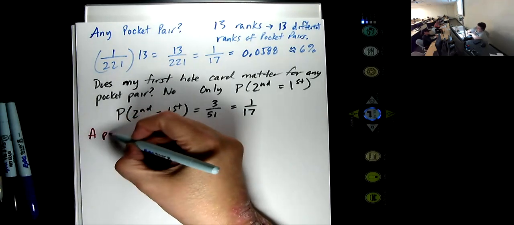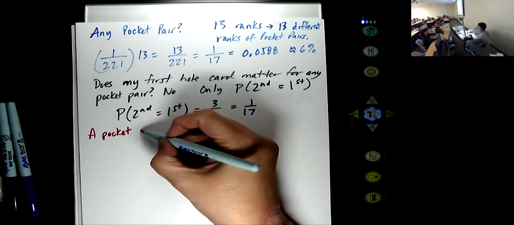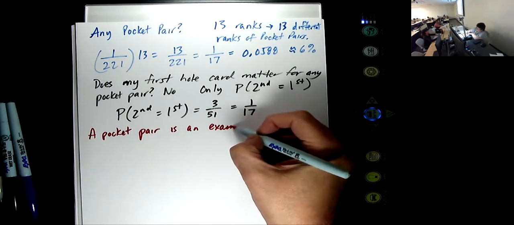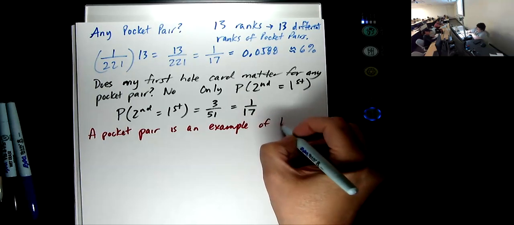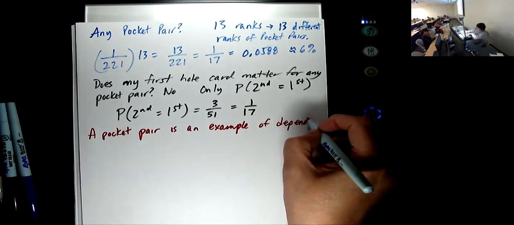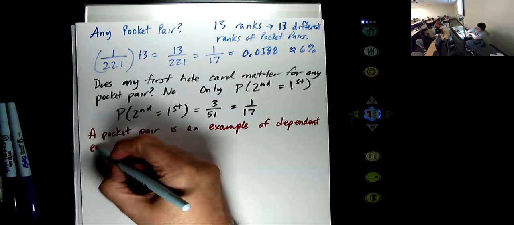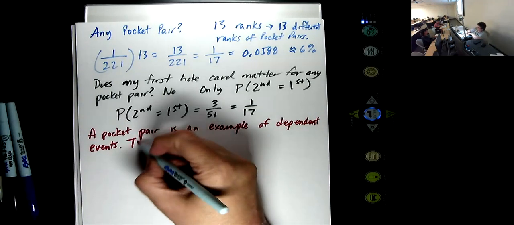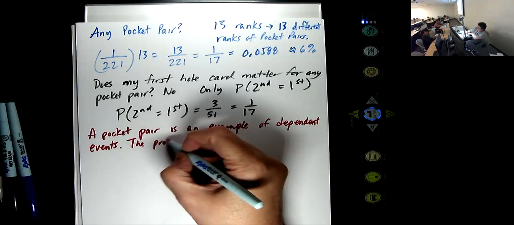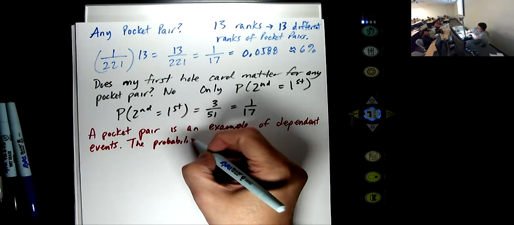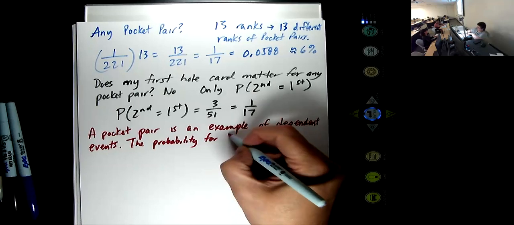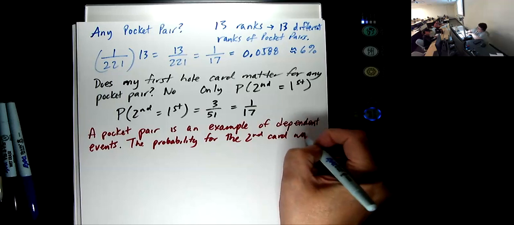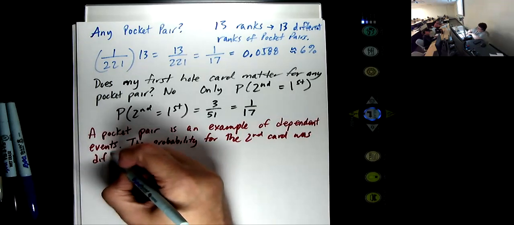Pocket pair is an example of dependent events. The probability for the second card was different than the first card.